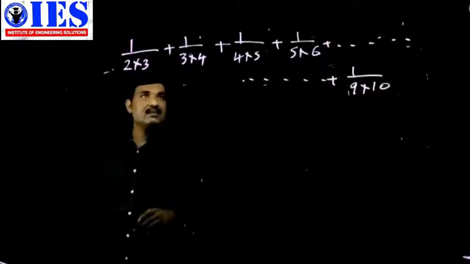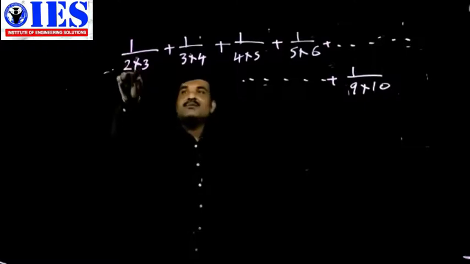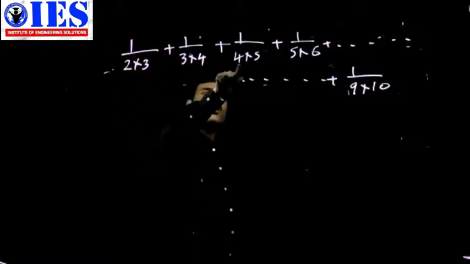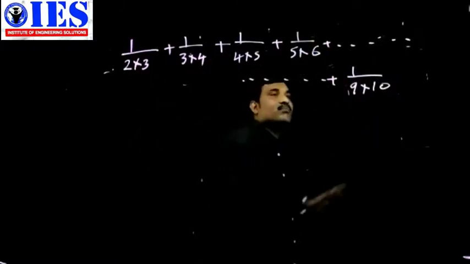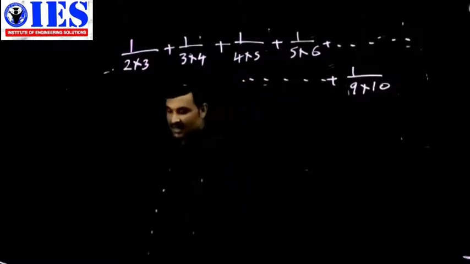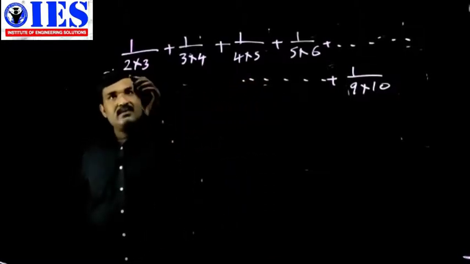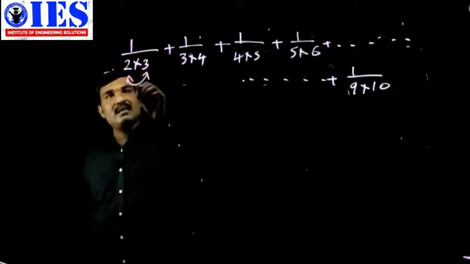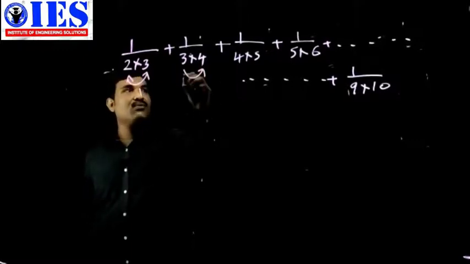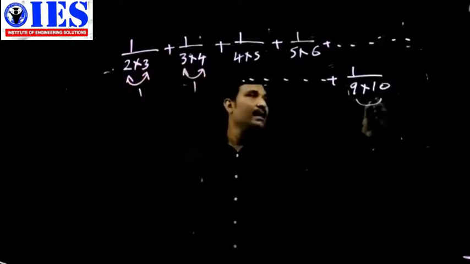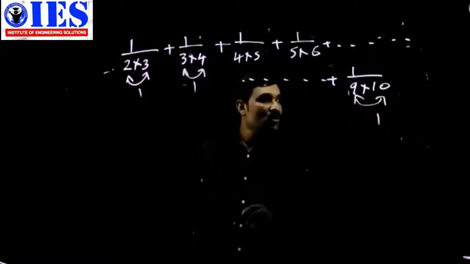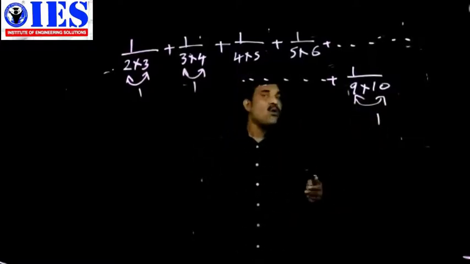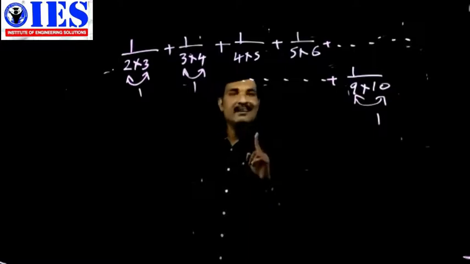Right. So this is the question. In this question, we can see the difference of 2 and 3 is 1. Difference of 3 and 4, again 1. Difference of 9 and 10 is again 1. So the difference of all terms is 1.